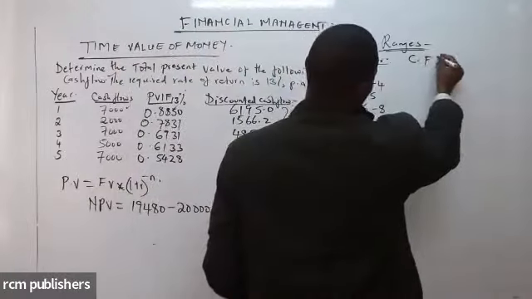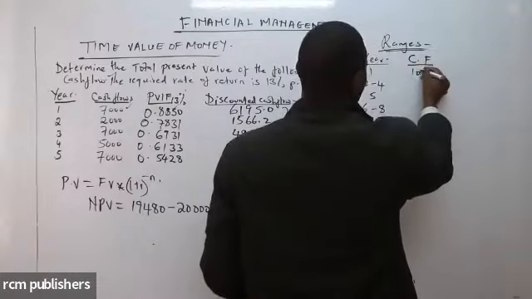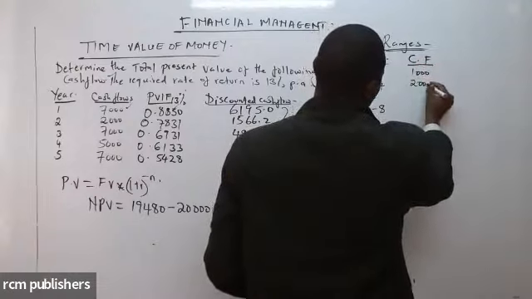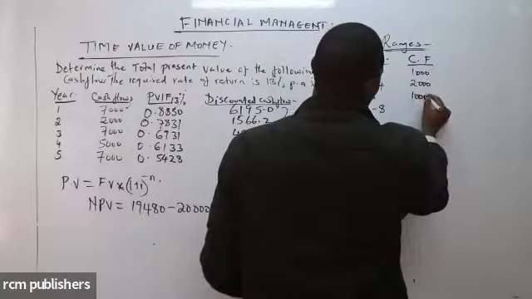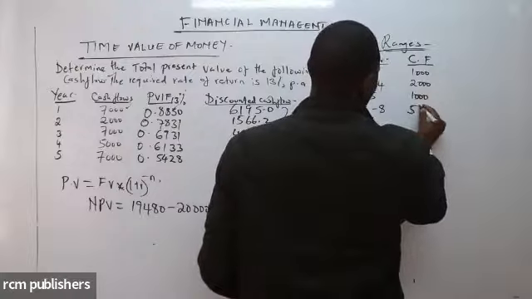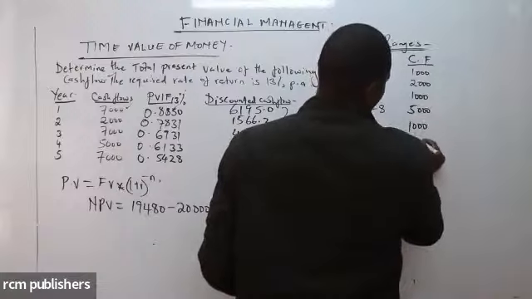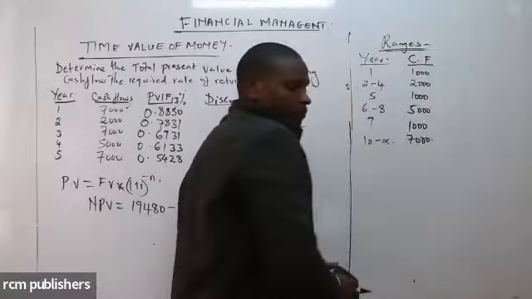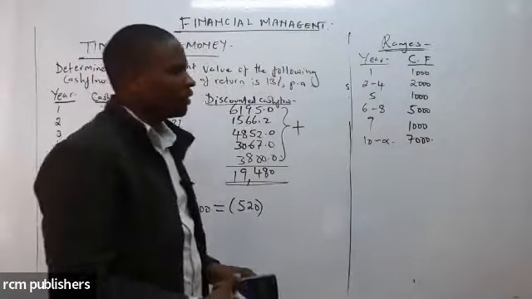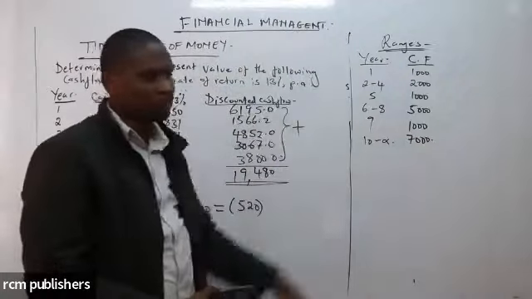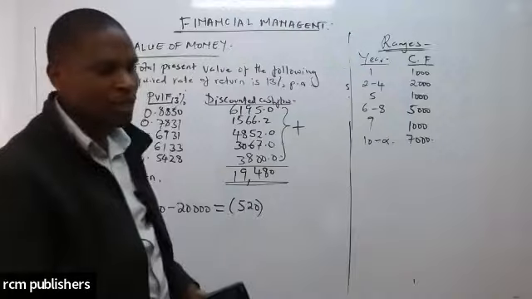Let me tell you now your cash flows: year 1 is 1,000, year 2 is 2,000, this is 1,000 as well, this is 5,000, this is 1,000, and this is 7,000. For example, if someone asks you which type of cash flows are those, what will you say?